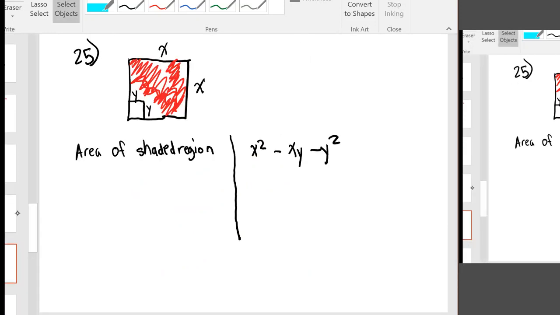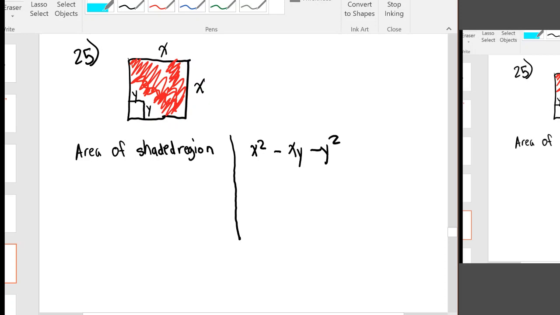Okay. Next one. The area of the shaded region versus x squared minus xy minus y squared. Okay. This one seems tricky, but it's actually not too bad. Alright?